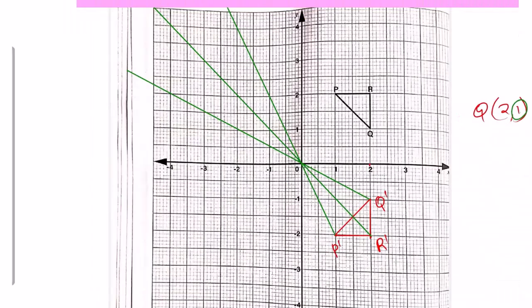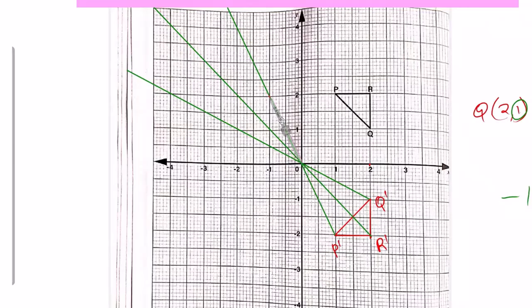After joining, take a pair of compasses. After joining all the object points, P prime, R prime, and Q prime, to the center of enlargement, how do we go about -1.5? Take that distance, P prime to the center of enlargement. Then with that measurement, go to the center of enlargement, the origin.